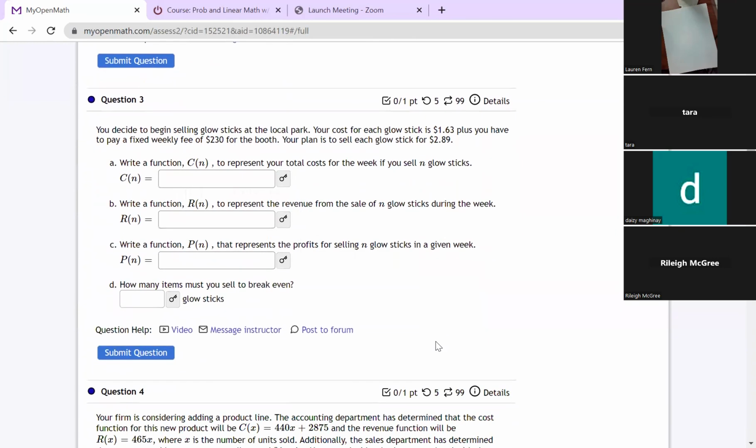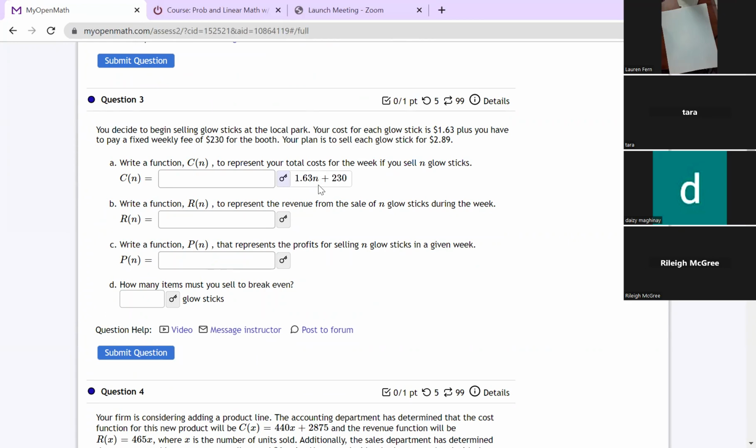All right. Next ones are cost, revenue, profit. Here we go. In this first one, you're given your marginal cost and your fixed cost. So you're given essentially your cost function.